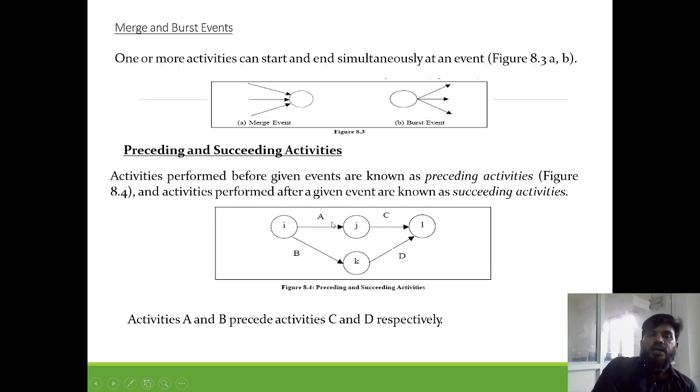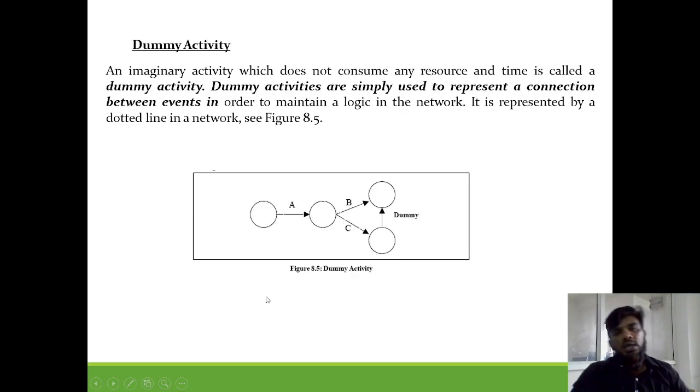So A precedes C, because A is before C. Next, C succeeds A means after completion of A, C comes into picture. Succeeds means next activity, precedes means past activity. Activities A and B precede activities C and D. Obviously these two are before A and B. That's what they are giving as an example.